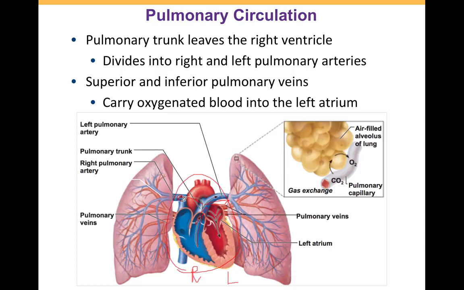And this is where the gas exchange takes place, where you can see in this picture, this is your blood vessels and this is your lung tissue. So what you see here is the CO2 is going into the lungs and O2 is getting into the blood vessels. And this blood is going to be oxygenated and returned back to the left side of the heart, which we see in red.